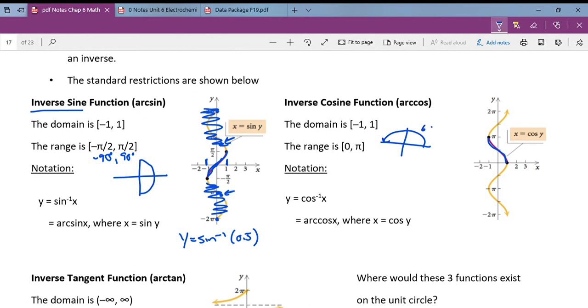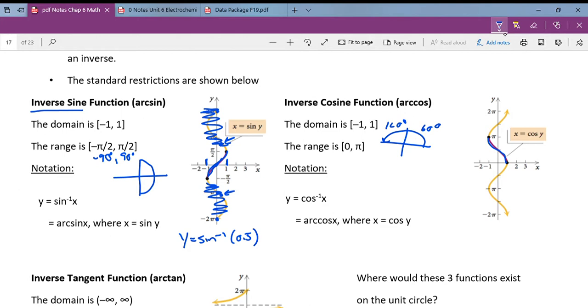So that's in here. If I pick something negative, inverse cos of negative 0.5, I get 120 degrees. So your calculator automatically gives you an answer between 0 and pi, or 0 and 180 degrees, so that it gives a restricted range for that domain.